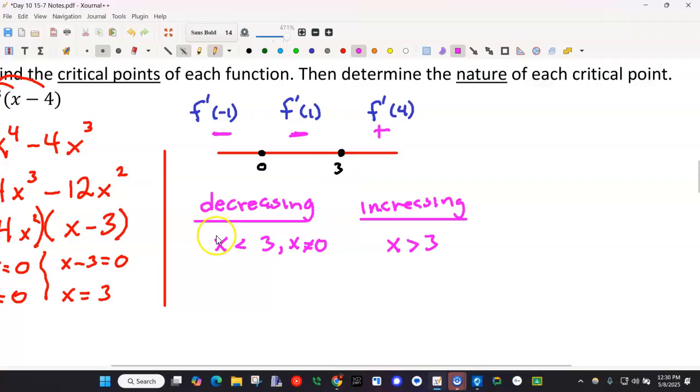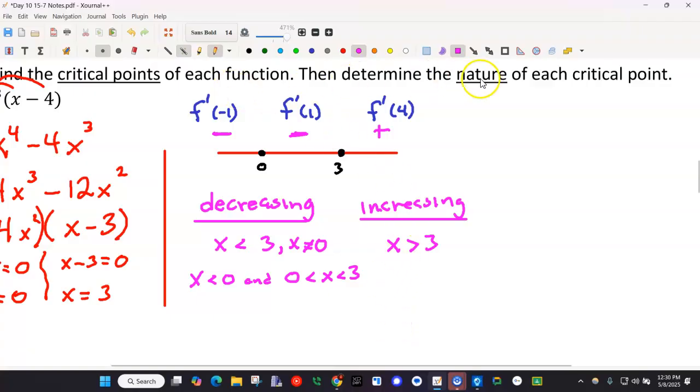So that would be another way of writing it. We could say x is less than 0 and x is between 0 and 3. So these mean the same thing. You can just play with which one you like better. And of course we have our set notation. You can use that as well.